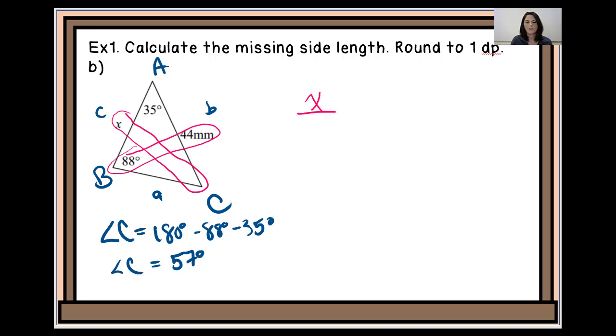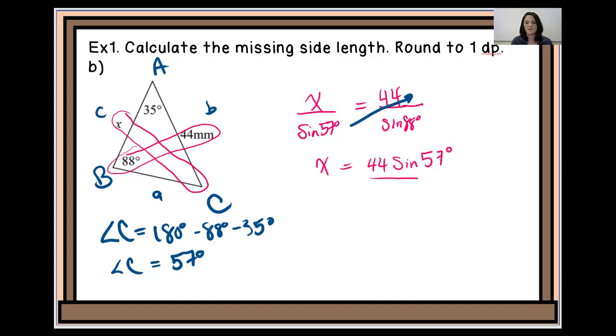X over sine 57 degrees is equal to 44 over sine 88. Okay, we're going to multiply both sides by sine 57. So X is equal to 44 times sine 57 degrees divided by sine 88 degrees.